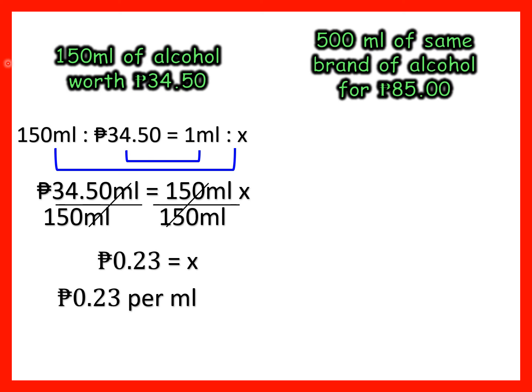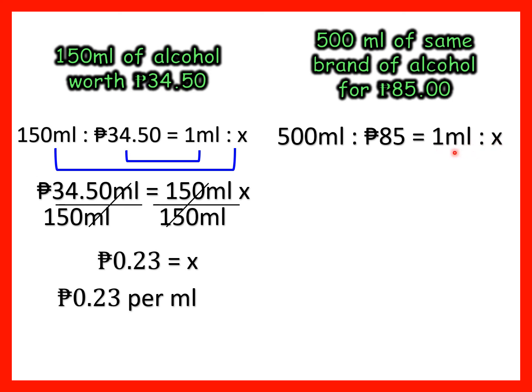Let's go to the other one. It's 500 ml of the same brand of alcohol for 85 pesos. So we are going to write a proportion for this. For 500 ml the cost is 85 pesos, and then we will find the value for 1 ml, so that's 1 ml is to x.